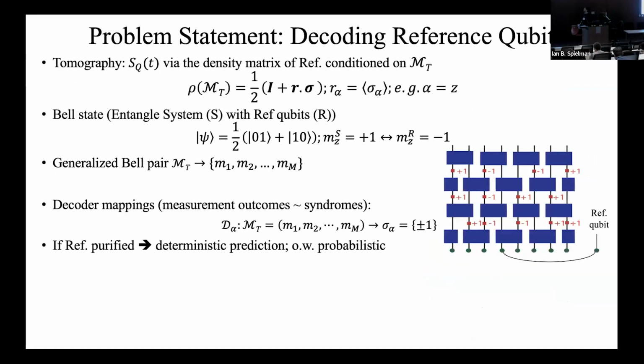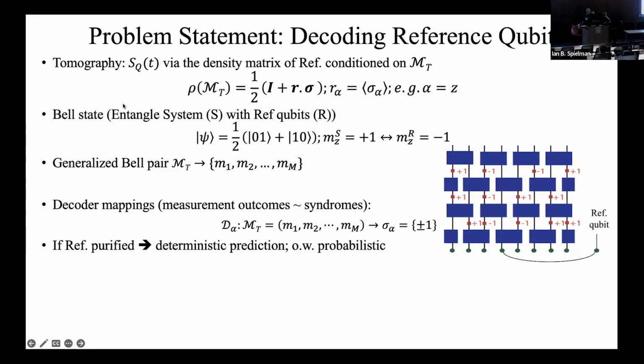So now the problem is reduced to a tomography problem for the density matrix of the reference qubit, conditioned on the measurement outcomes on the circuit. To solve this tomography problem, we just need the expectation values of the spins of the reference qubit. Just for simplicity, imagine that only one of them is non-zero, for example, sigma z.